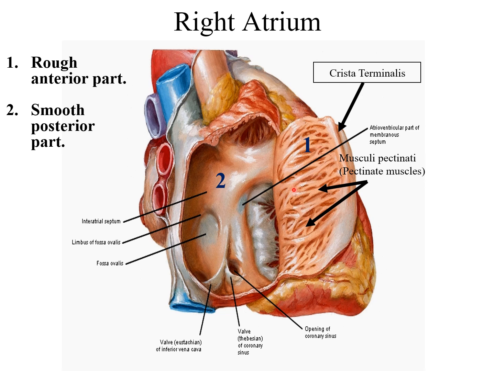And what is this? This is our cardiac muscle, but this part of the cardiac muscle is known as the pectinate muscles. So the part of the cardiac muscle which is forming the inner side of the anterior wall of the right atrium, we name it pectinate muscles, or musculi pectinati.